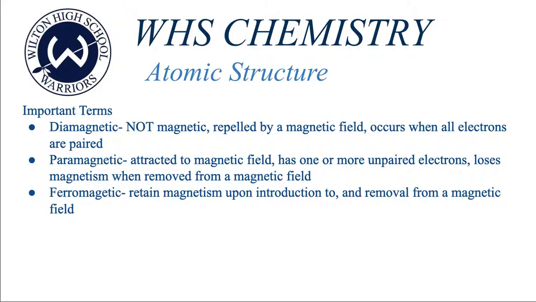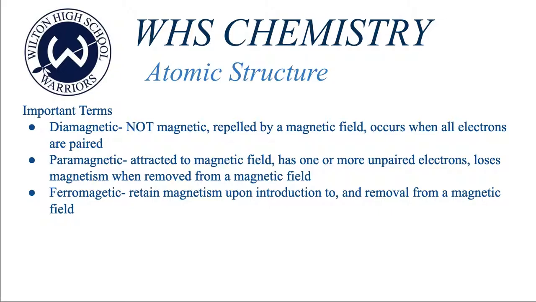We're just going to go over some important terms that have to do with magnetism. I've seen these on a test before, and basically nobody knew what they meant. Diamagnetic means it's not magnetic, and it's actually repelled by a magnetic field, and that occurs when all electrons are paired. Next, there's paramagnetic, which means that it's attracted to a magnetic field, so it has one or more unpaired electrons.